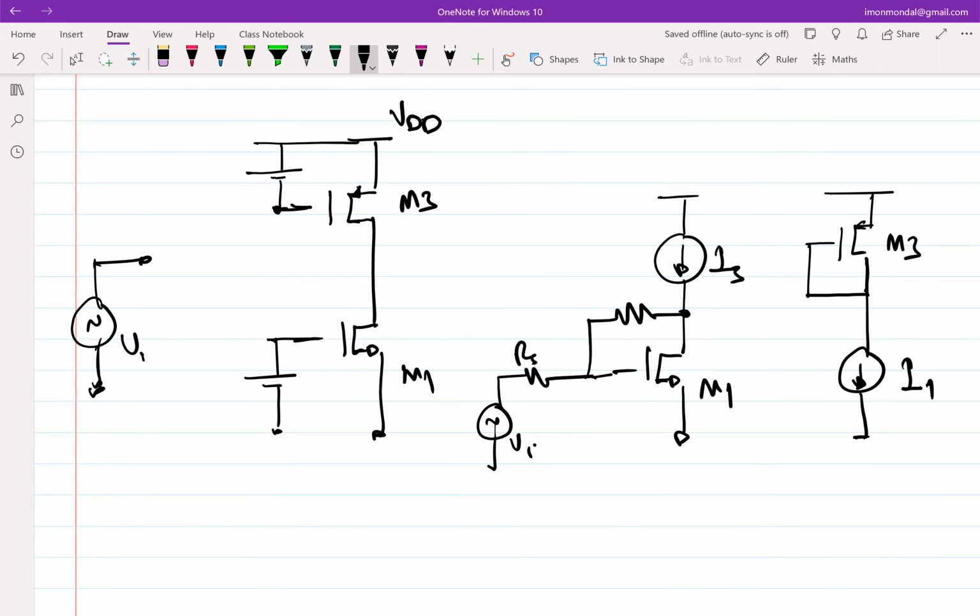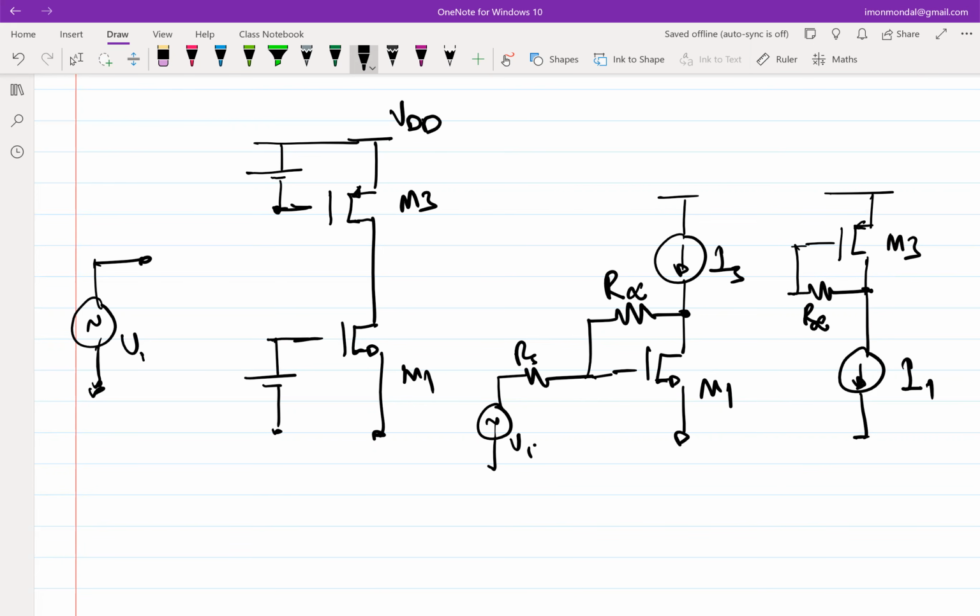That's fine. So maybe a large resistance, let me call it R infinity. We applied it here and got it done. Similarly, we can do this here also, right?